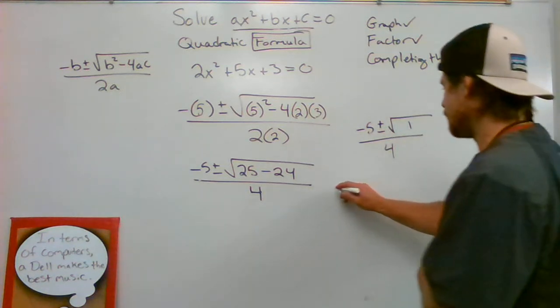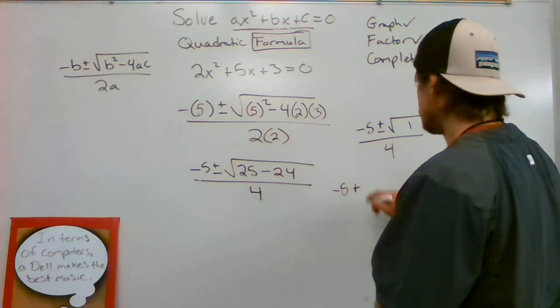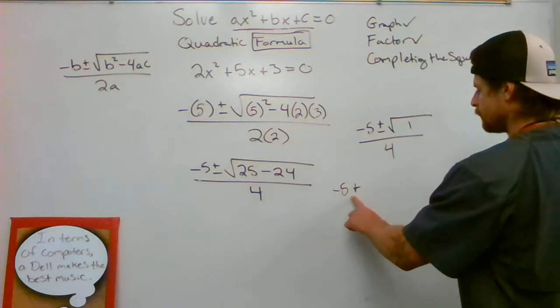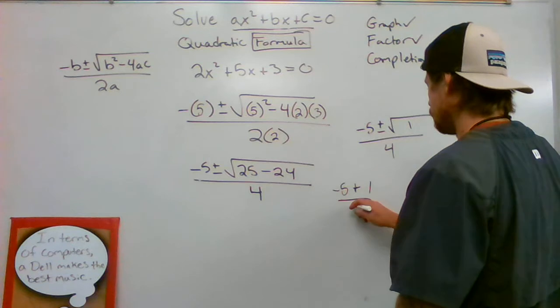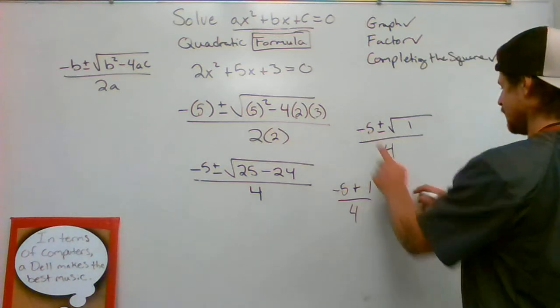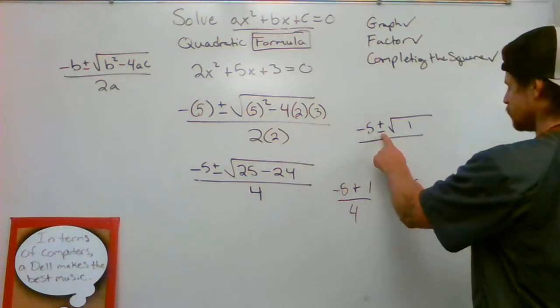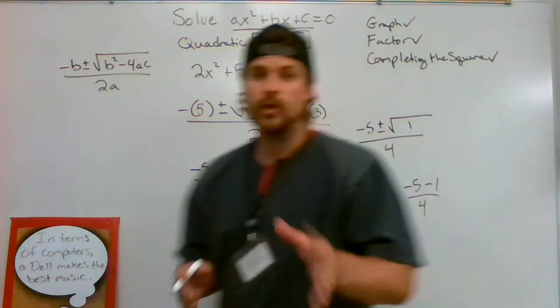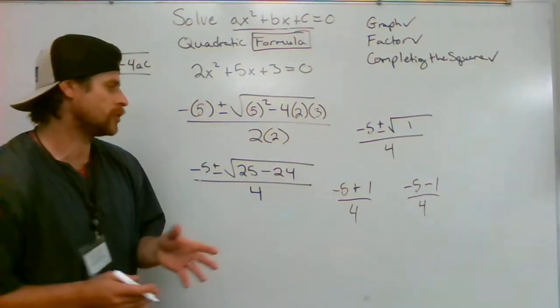So we're going to say negative 5 plus the square root of 1, which we all know the square root of 1 is just 1. So negative 5 plus 1 over 4. And then we're going to say negative 5, the second option, minus 1 over 4. We have 2 parts to finish here, and we're going to have our solutions.